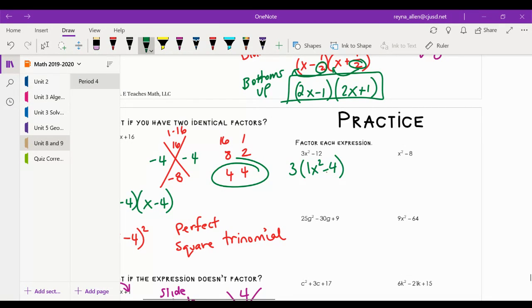And then from here, we can factor this. 0 is our b, -4. So we get 2 and -2. If we multiply those, it will give you -4. If we add them, it will give you 0.